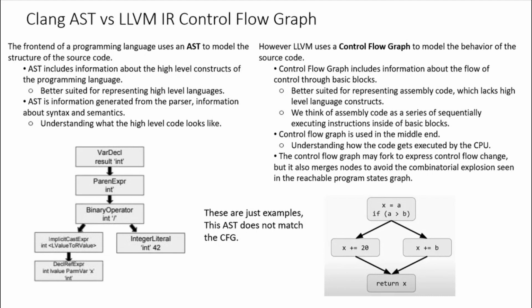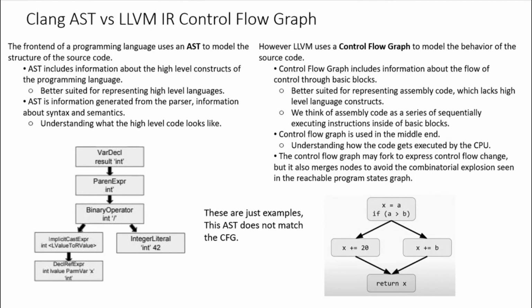It includes information about the high-level constructs of the programming language, which is better suited for representing high-level languages, and this information is generated from the parser. So it has information about the syntax and semantics of that high-level programming language, enabling the compiler to understand what the high-level code looks like. So it is specific to a certain high-level programming language.